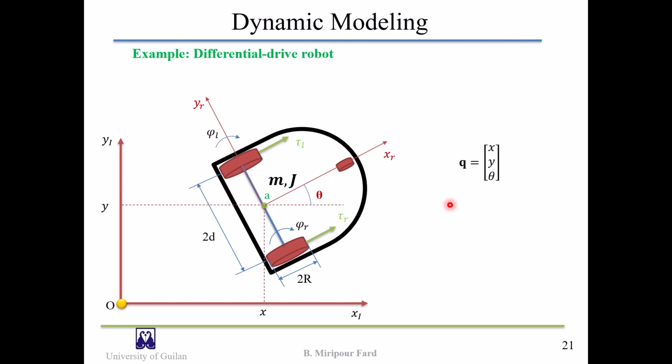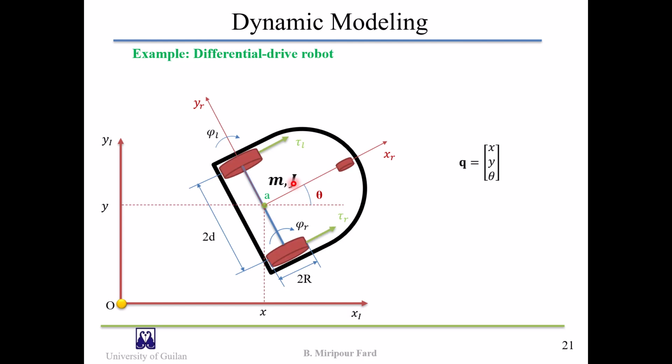In practice, usually the mass of the wheels is much smaller than the mass of the chassis. Therefore, a common mass m and inertia J can be used. So we neglected all the masses and the inertias of the wheels.